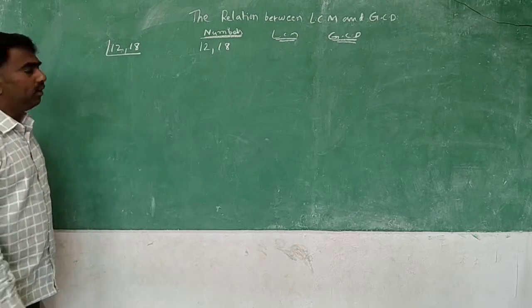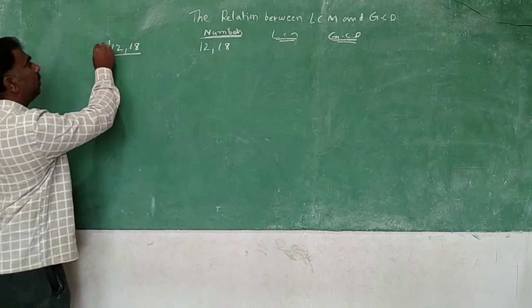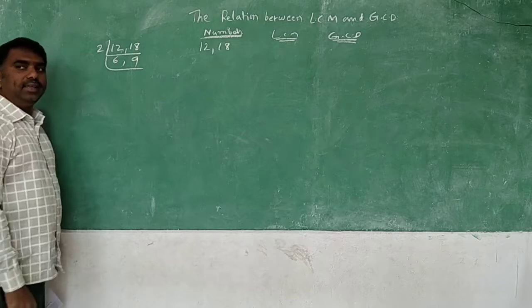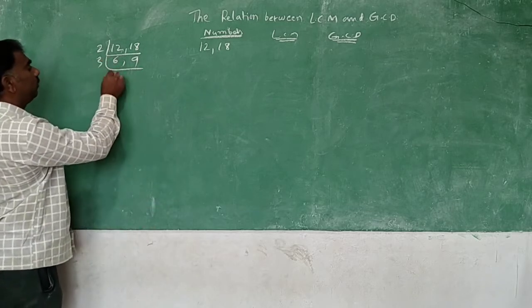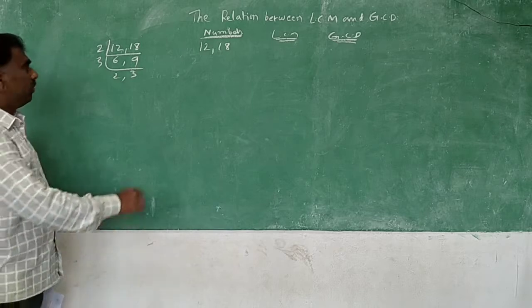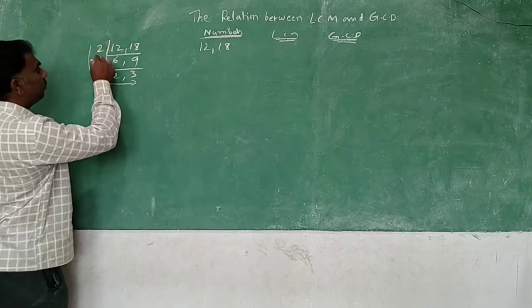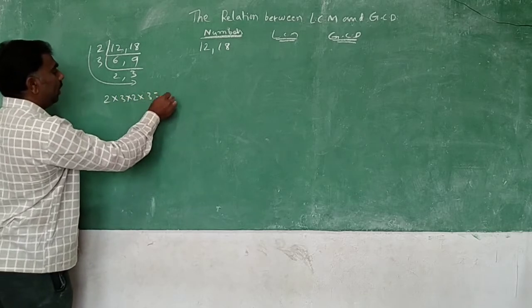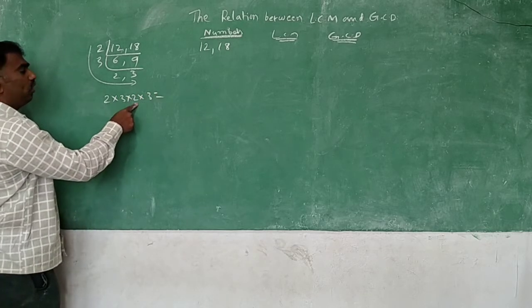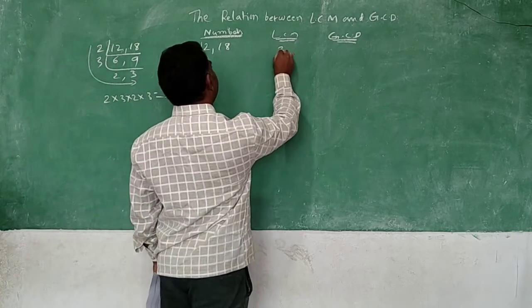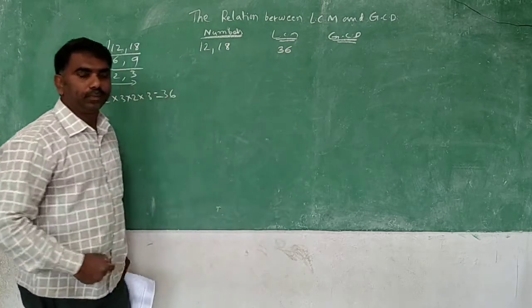Both are coming in two tables: 2 6s are, 2 9s are, and both are coming in three tables: 3 2s are, 3 3s are. Now there is no choice, then we will multiply these numbers: 2 into 3 into 2 into 3. 2 3s are 6, 6 2s are 12, 12 3s are 36. So the LCM is 36.